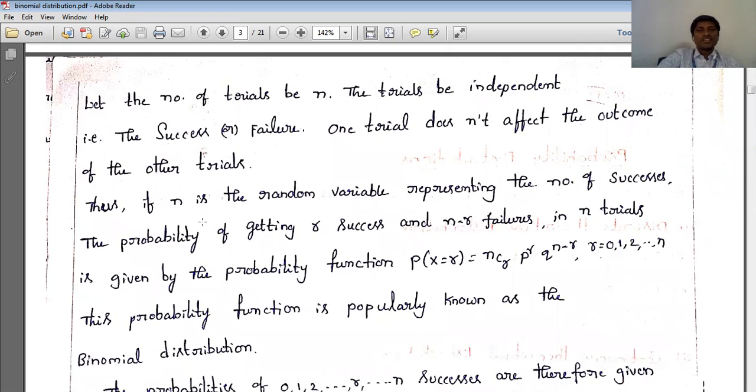Here, n is a random variable representing the number of successes.